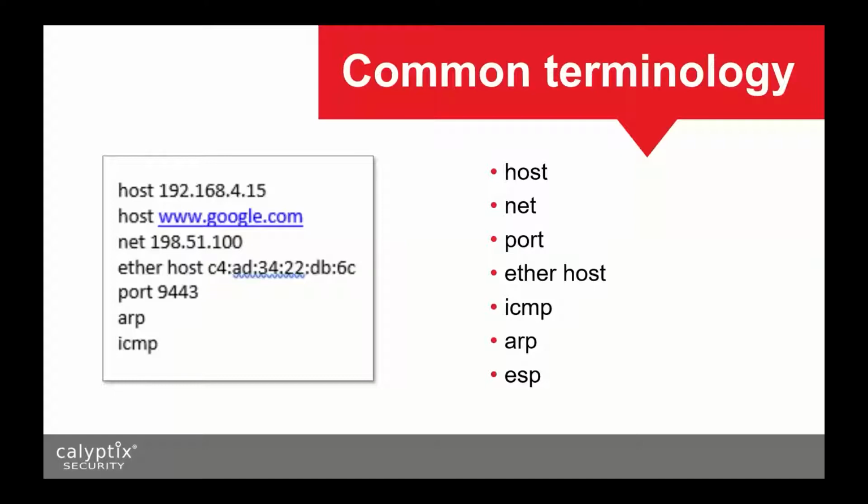If you only want to see one host's traffic, or some of a certain net or a certain port, like for example, if you wanted to troubleshoot Calyptix VPN, you could do a port 1194 session on the WAN to see if traffic is actually hitting the WAN. Very helpful thing to do. You can also limit to ICMP on the WAN and the LAN, ARP, and of course, IPsec traffic as well.